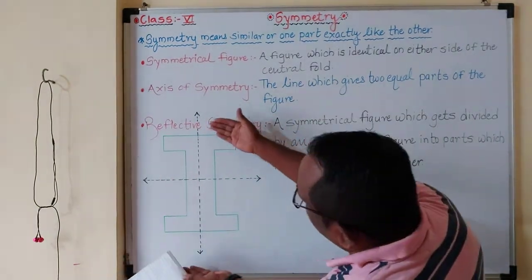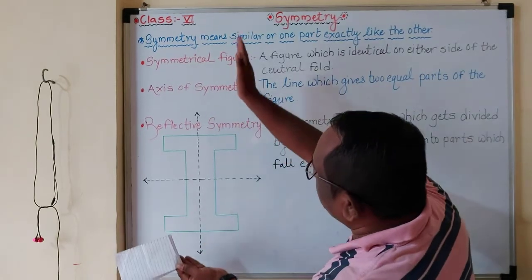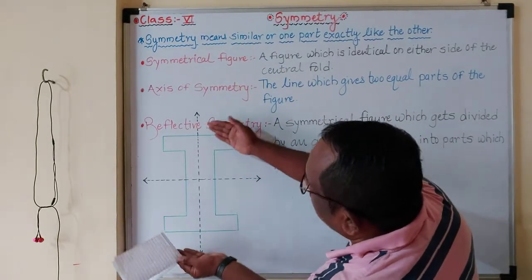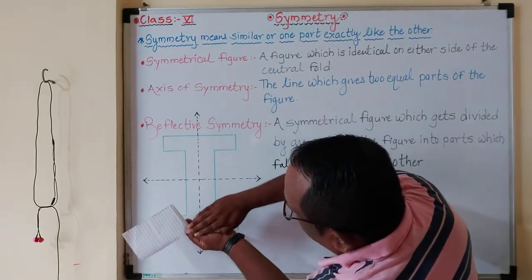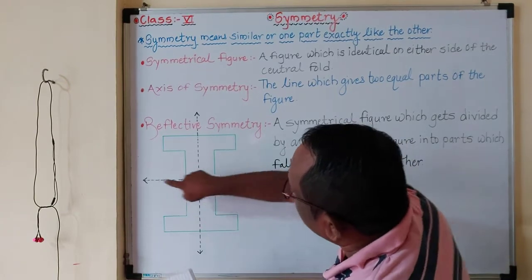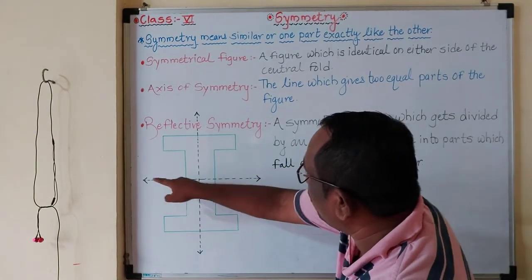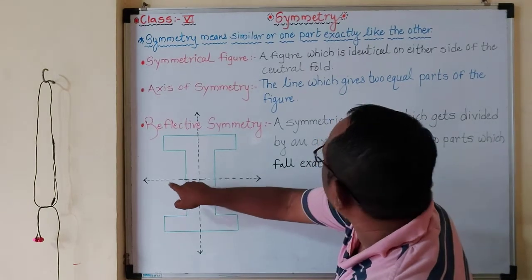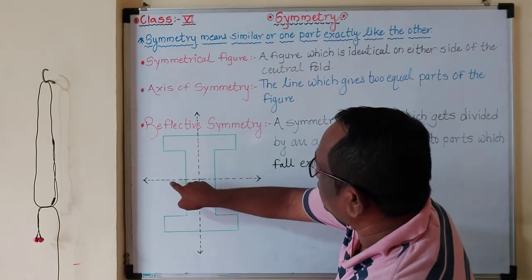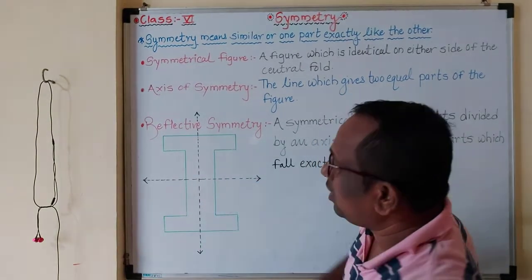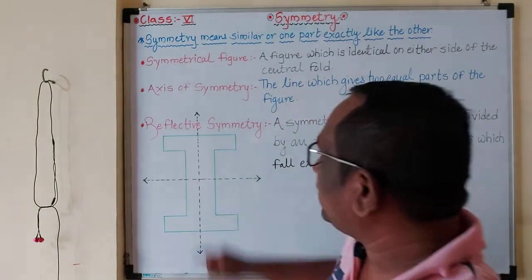And if I fold from this way also, vertically and horizontally, then this also totally matches, these eyes totally match each other. The line that gives two equal parts when I fold the figure is also an axis of symmetry.